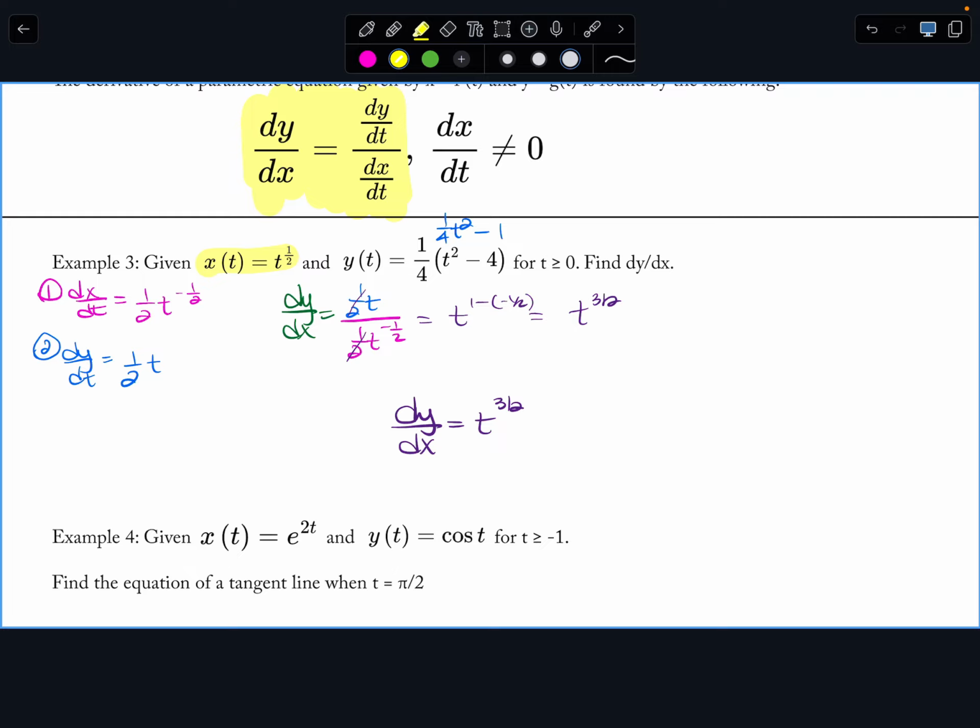So these directions just say find dy dx, right? But if I said find dy dx in terms of x, I cannot have t there.